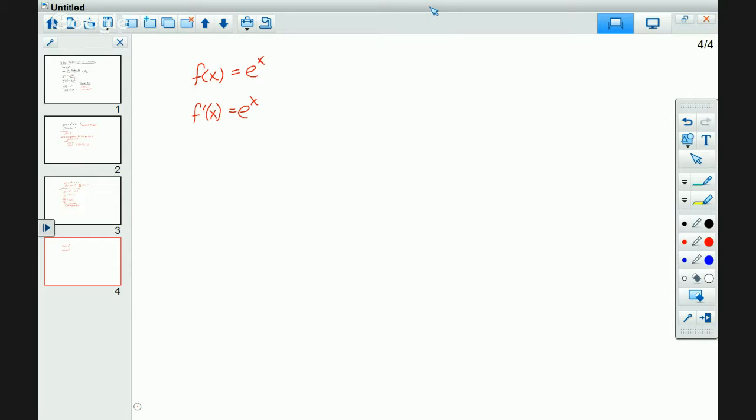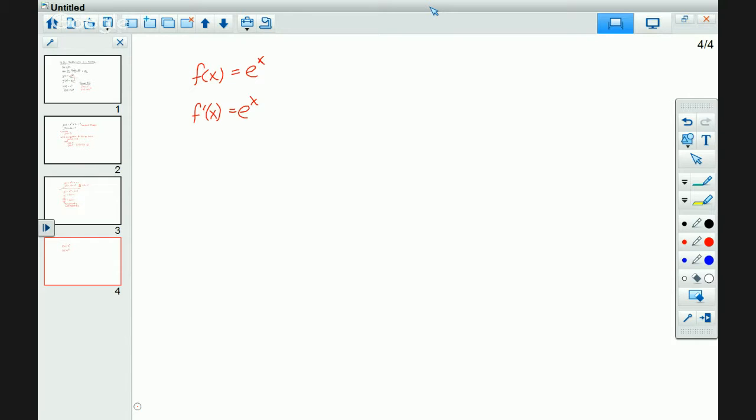There are a whole three pages on it if you want to look it up, but just be aware that this is the case.